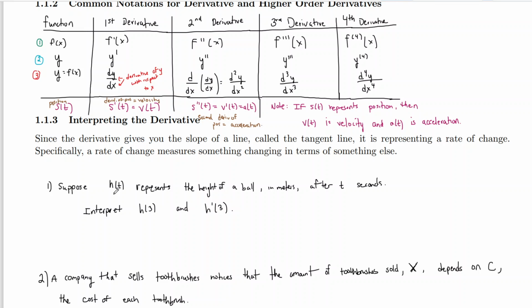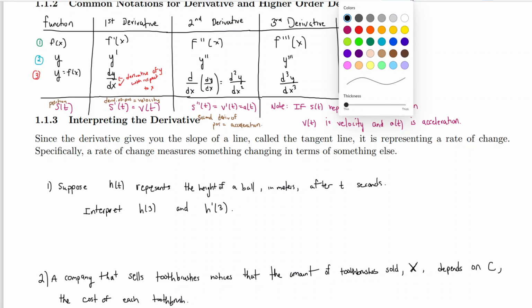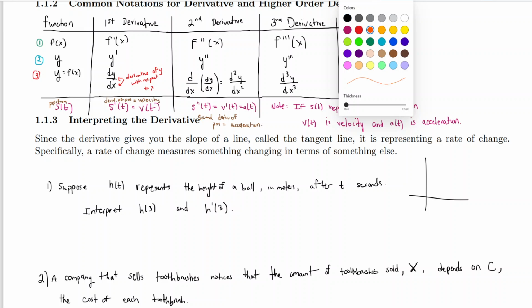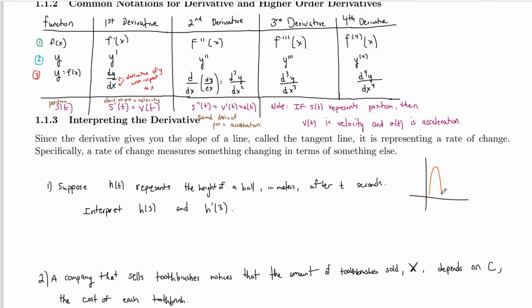It says, suppose h of t represents the height of a ball in meters after t seconds. You don't need to know the graph, but if you want, you could imagine when you throw a ball up, it's going to go up and then it's going to come back down. So it looks something like that, but we don't need a graph. We don't need an equation for this. What it wants me to do here is interpret h of 3 and h prime of 3.